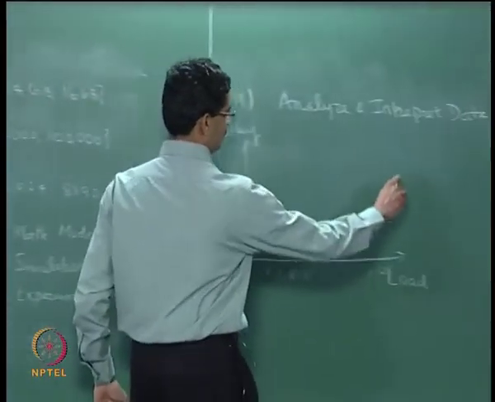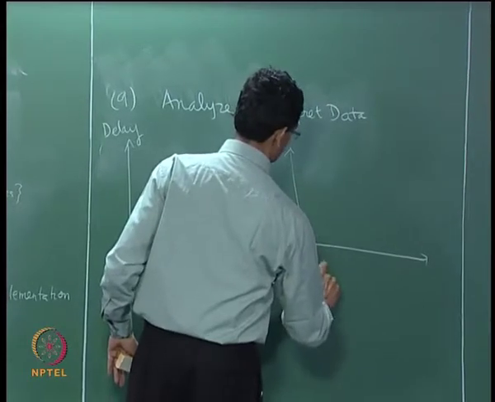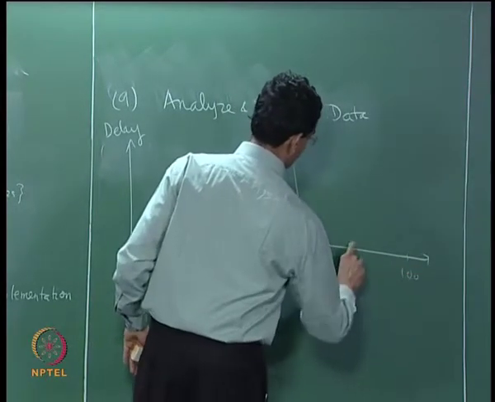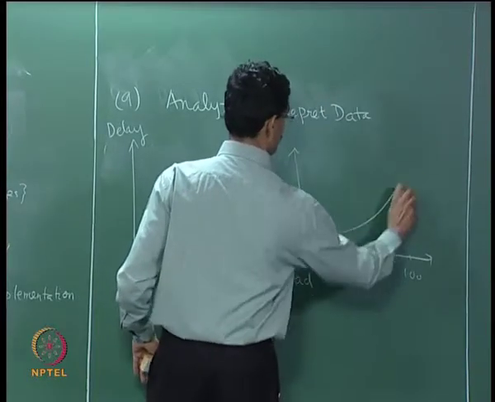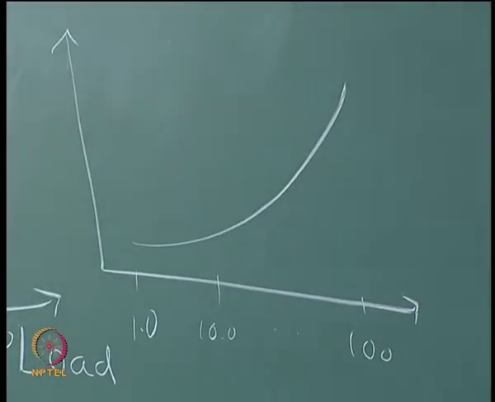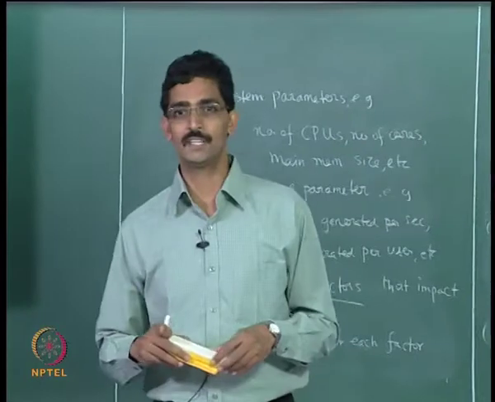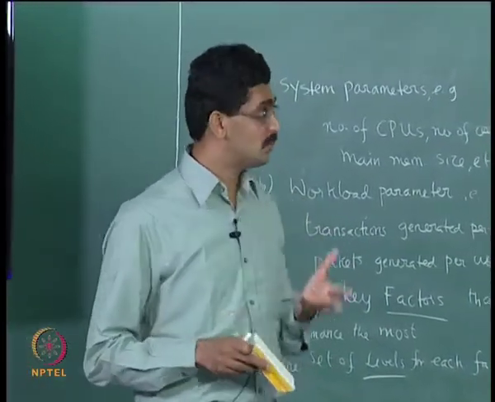Then you have the same thing where you go from 1.0 to 100 in orders of 10 and so on. If you want to know in more detail how the workload is affecting your system in a particular section, you do the zooming in and then show that.